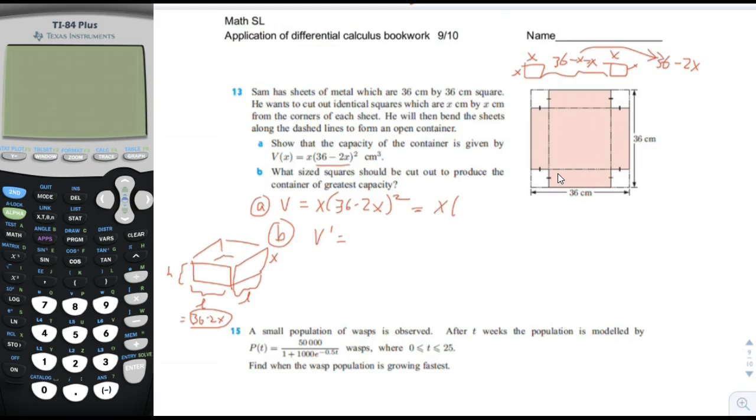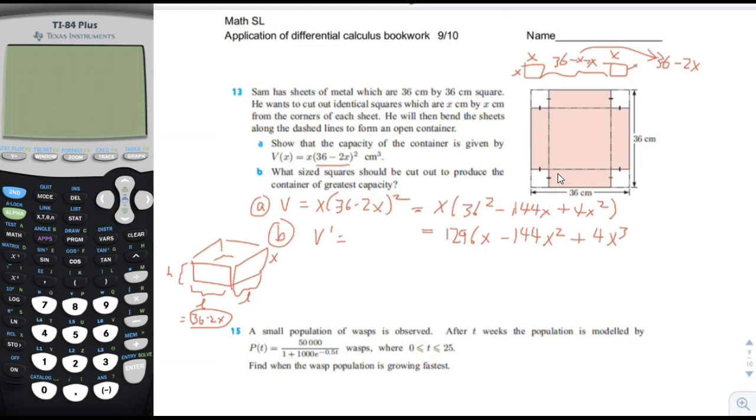So we have x times 36 squared minus 144x plus 4x squared. And I can multiply that out. 36 squared is what? 36 times 36 is 1296. So we'll have 1296x minus 144x squared plus 4x cubed.